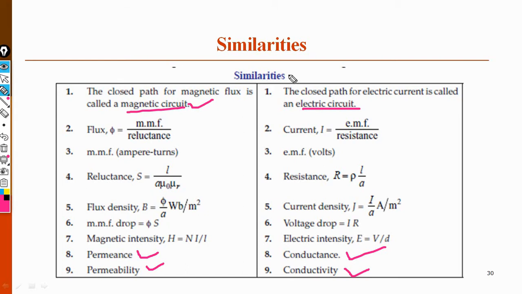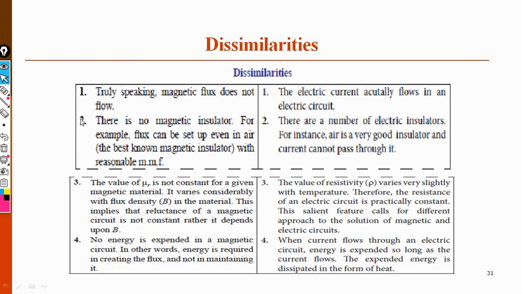Now these are the similarities, the similar points between the magnetic circuit and the electrical circuit. Then we also need the dissimilarities. These are the dissimilarities between the magnetic circuit and the electrical circuit.